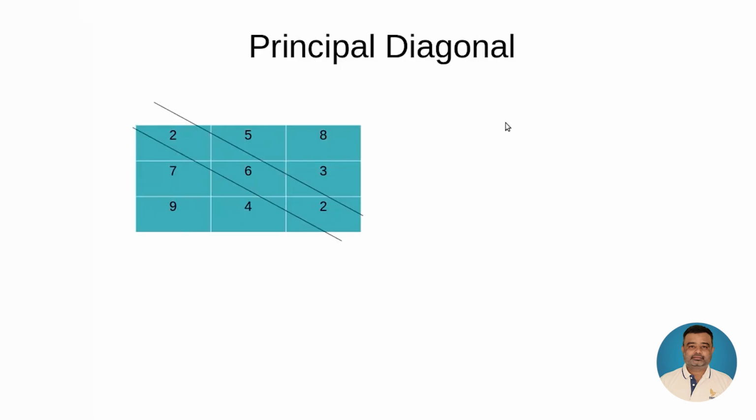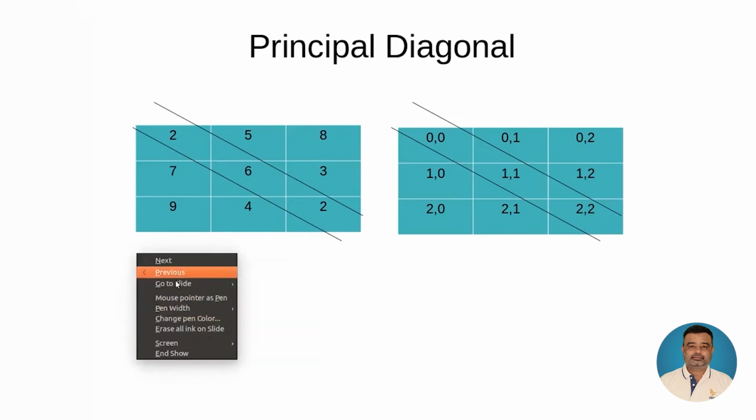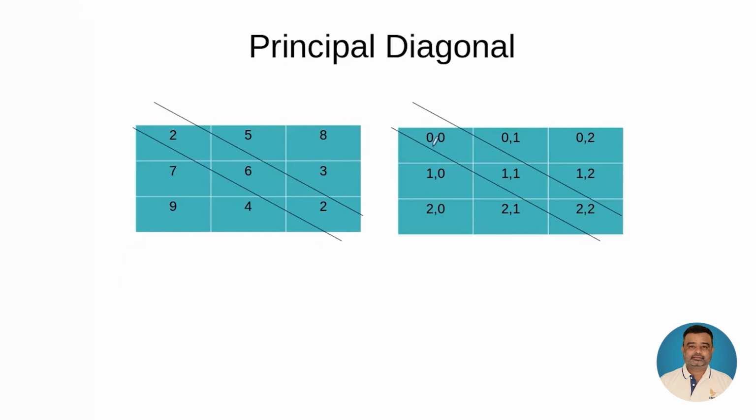Let us observe the indexing of the principal diagonal elements. The row value as well as the column value is the same: 0 0, 1 1 and then 2 2. The row index and the column index are the same for principal diagonal elements.